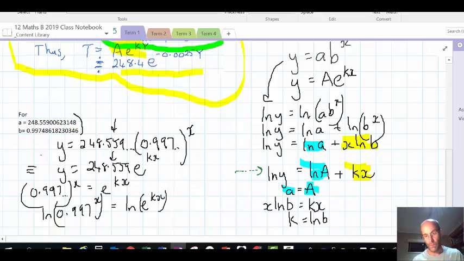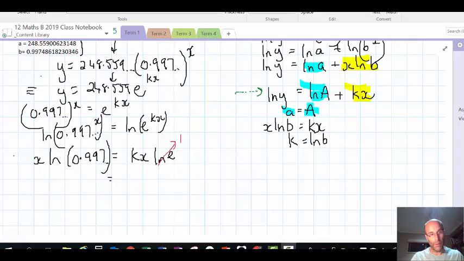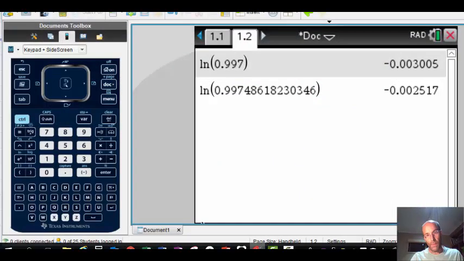Okay, you can see what's happening there. Using log law 3 and also the fact that natural log of e is 1, we have x times log of 0.997, etc. equals kx.